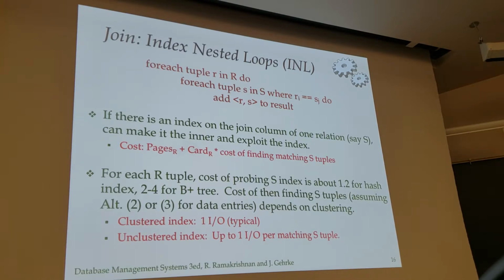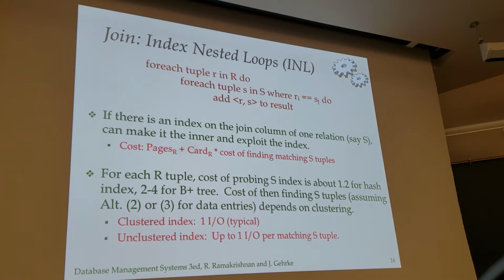Don't have to have indexes on both of them. And in this case, we'll assume that there is an index on the inner, which in this case happens to be S. If there were an index on the join column of R, we could switch the rows of S and R around, just as I did on the previous slide. So here the assumption is that there is an index on the inner table, on the join column of the inner table. The join columns are R sub I and S sub J.